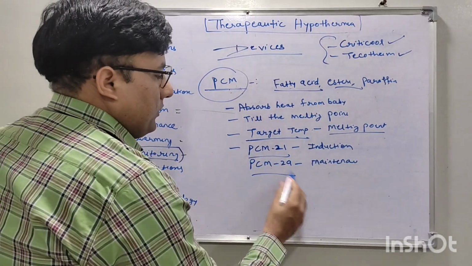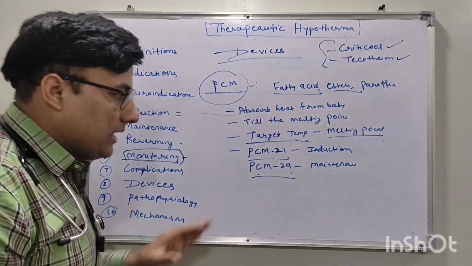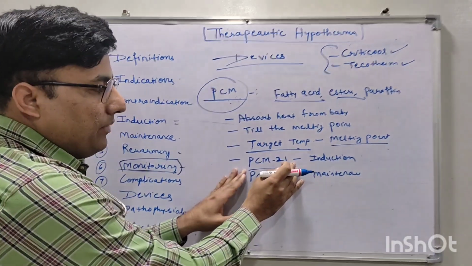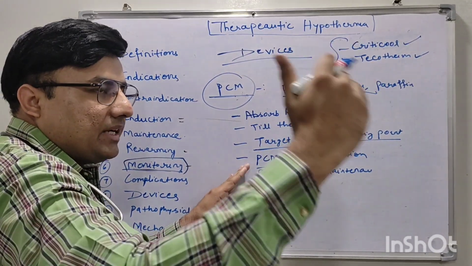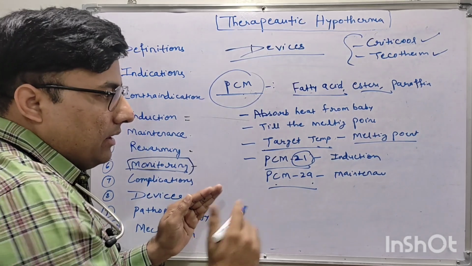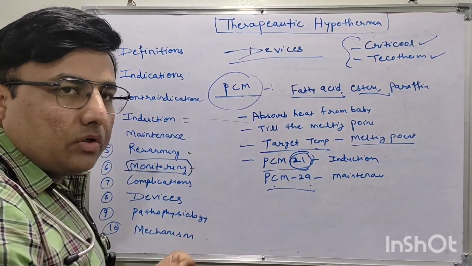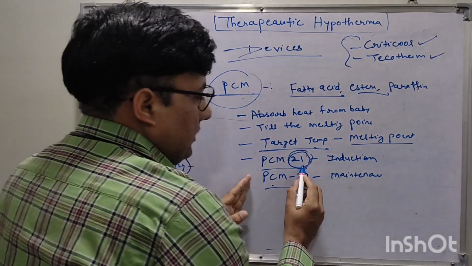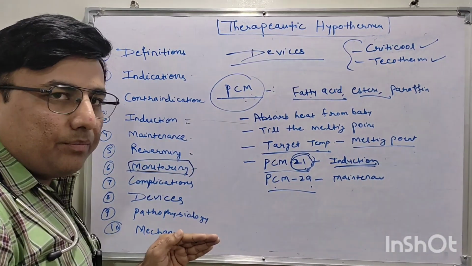Two types of PCM are available, PCM 21 and PCM 29. PCM 21 melting point is 21 degrees Celsius, which means it can drop the baby's temperature rapidly, because at this melting point it will absorb more heat. So in the induction phase we use PCM 21, because we have to drop the baby's temperature rapidly.